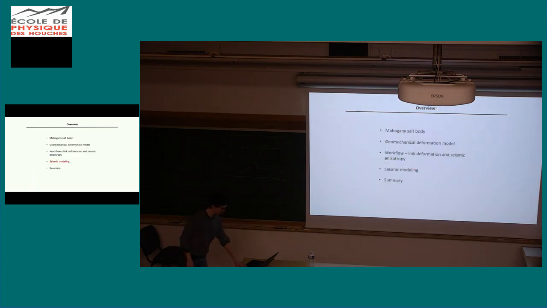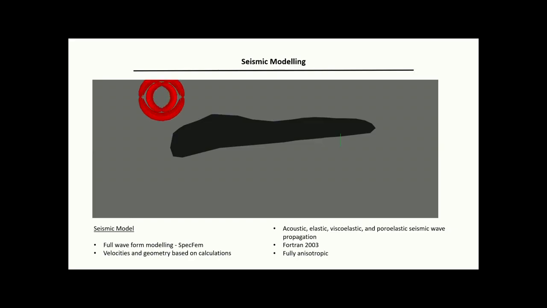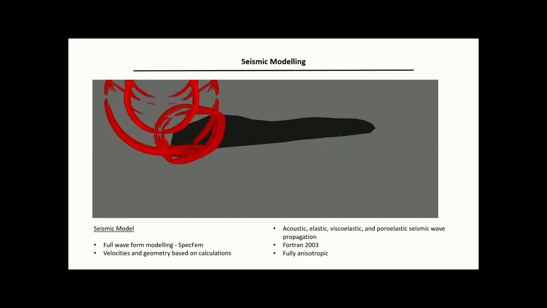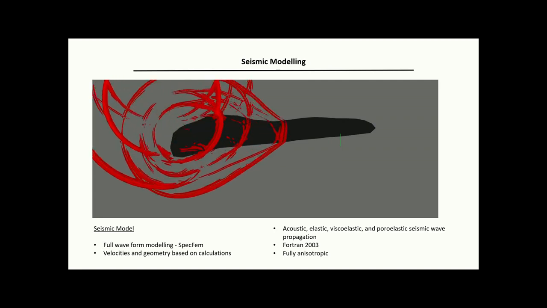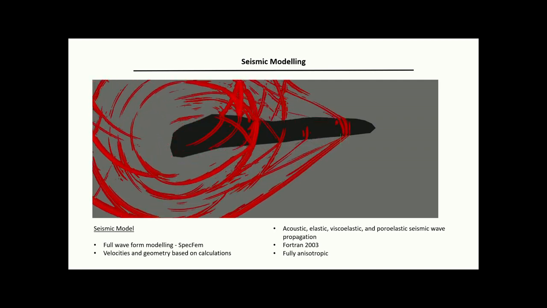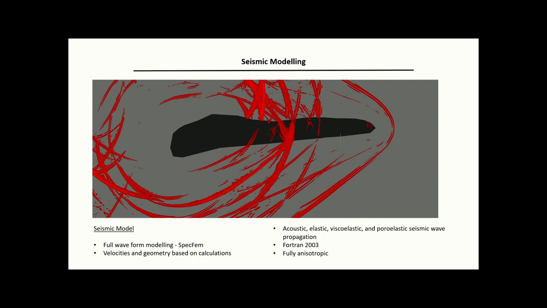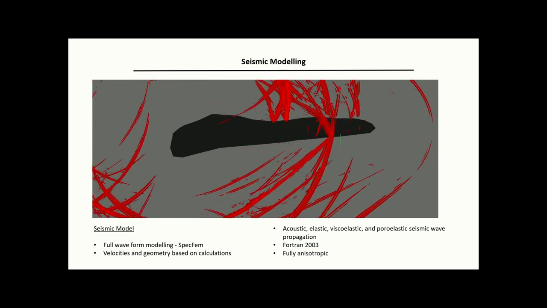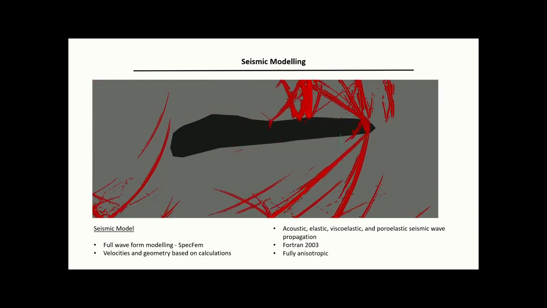We then went one step further and tried to use the calculated velocities for some seismic modeling, and I show you the results here. Again, the geometry should be familiar to you now. It is based on the deformation model I showed you before.